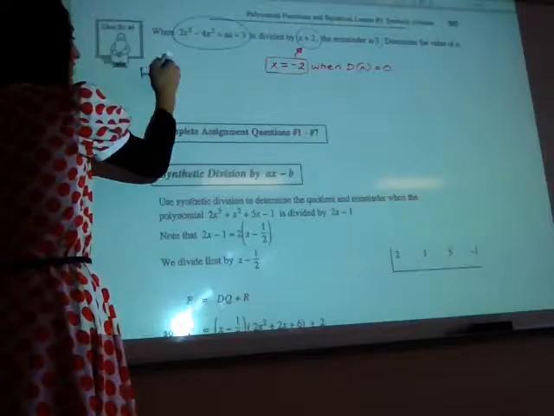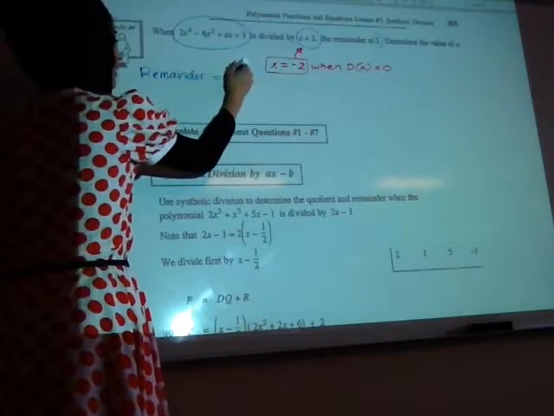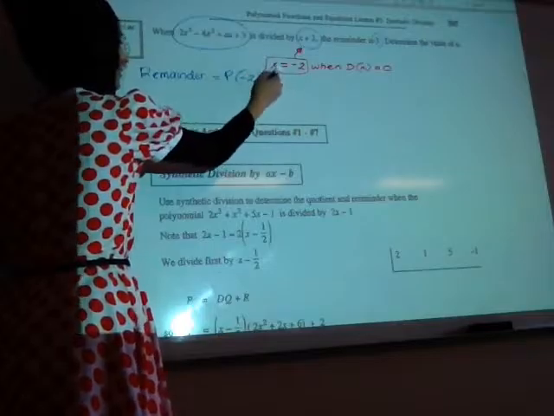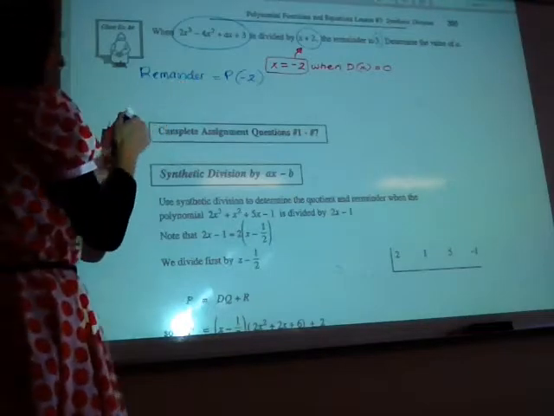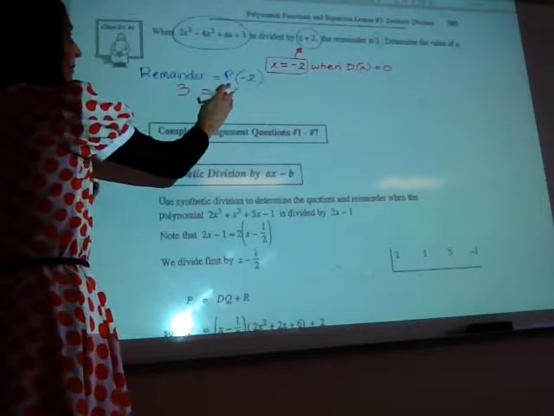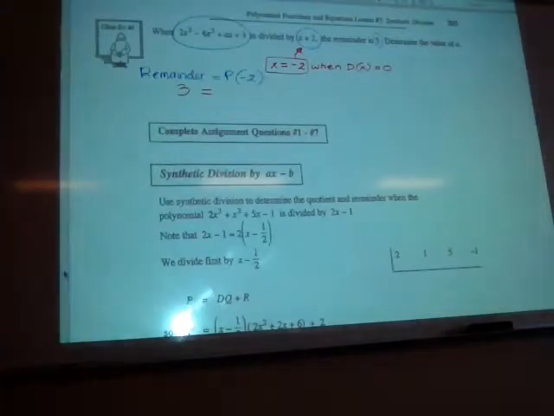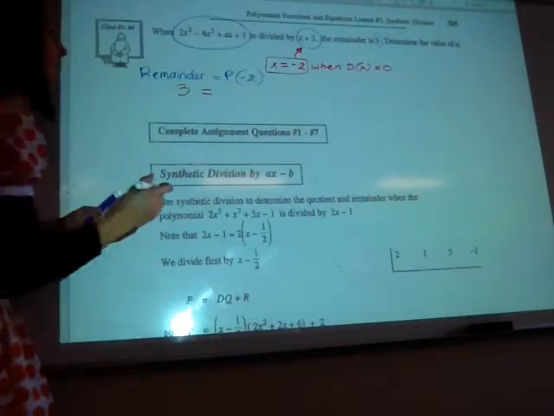Okay, so our remainder will equal the polynomial at -2. What was our remainder? What did they tell us? 3. So we're going to replace that with a 3. And p of -2, going back to the functions unit, that's just replacing every x with a -2.